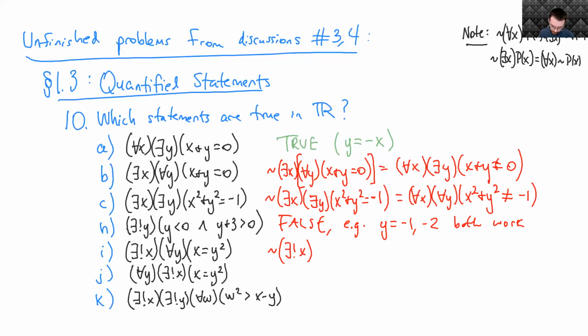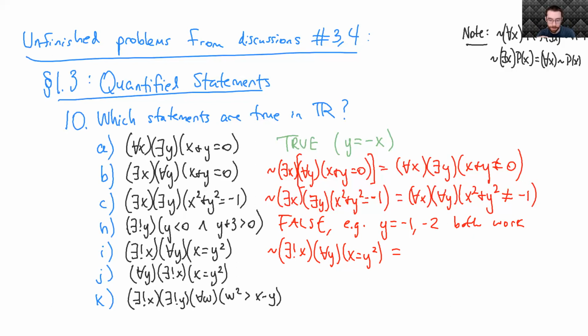Okay, negating a unique existence claim is going to be a little interesting. Actually, it's quite a bit of work. So the original claim, there exists a unique x with some property, means there's only one element in the truth set. The opposite of that could be two things, right?